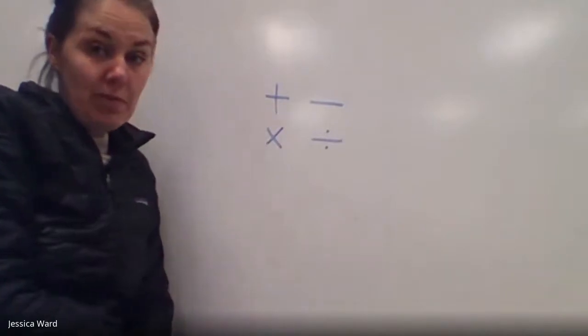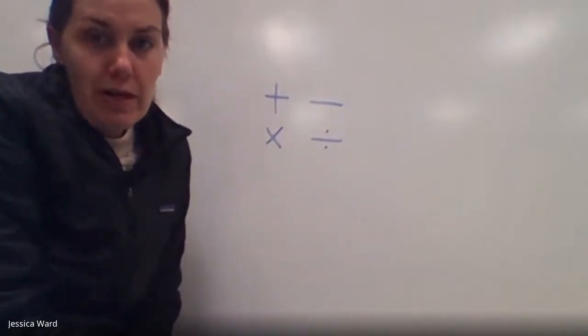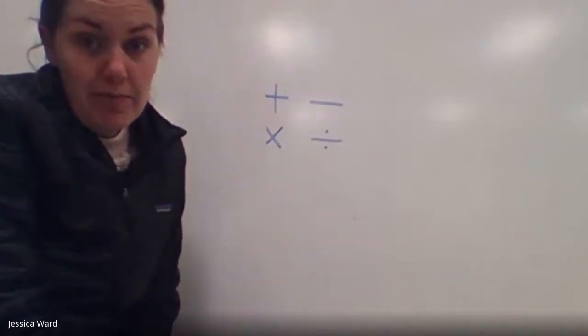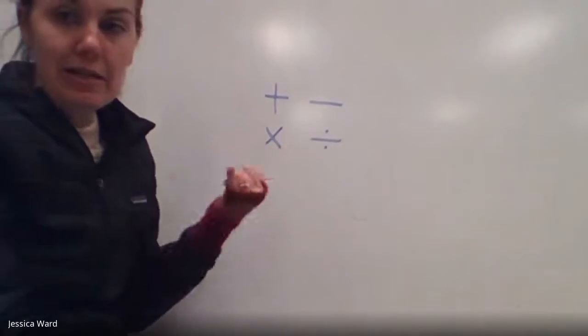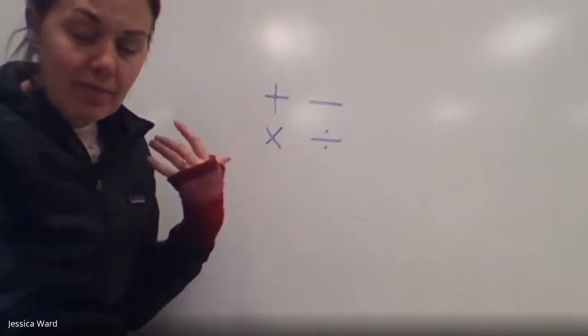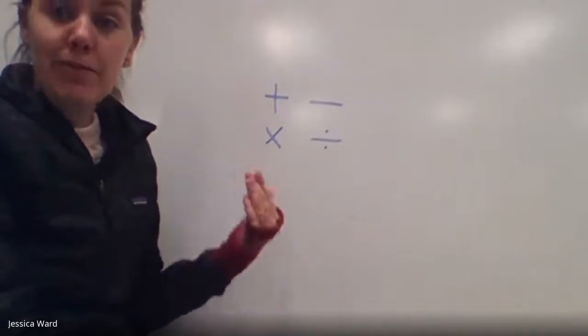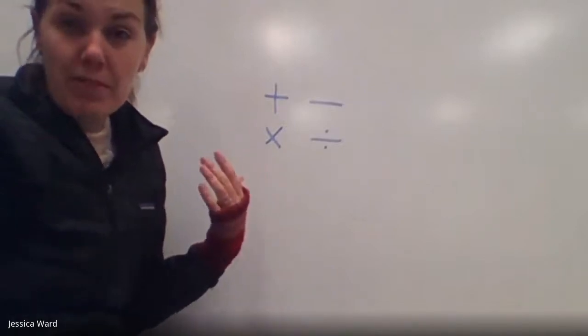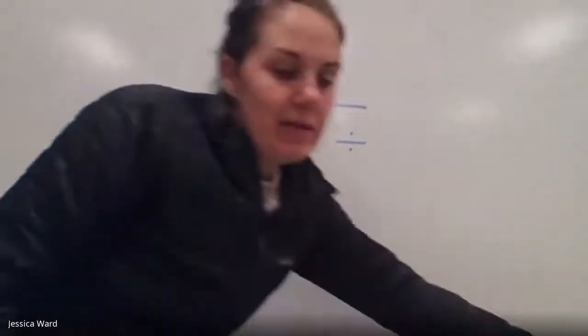As you start building your multiplication skills, we're also going to be learning a little bit about division, which will come a little bit later. But I do want you to recognize that there is this relationship where they're what's called the inverse, which means just kind of the opposite of each other. They're working together, but in different ways.